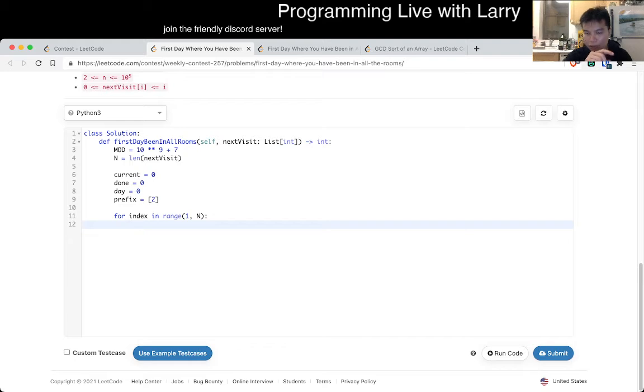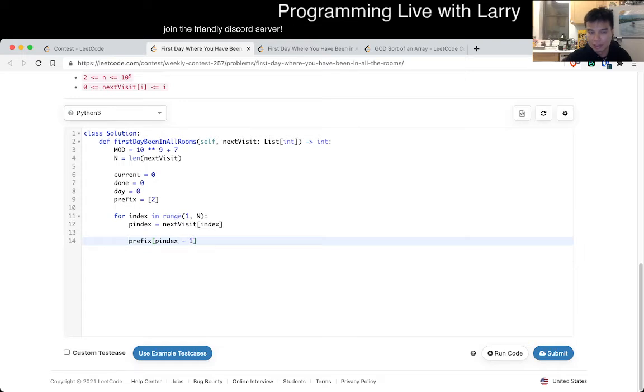But basically now, what is this number? What is next visit? Next visit of index, so the previous index is equal, so then now we take the prefix sum from that, from prefix of p-index, including that index to the number that is, so then this is just this minus 1.